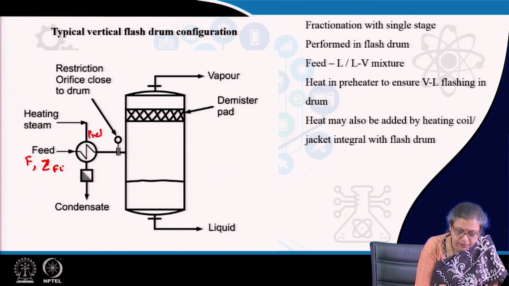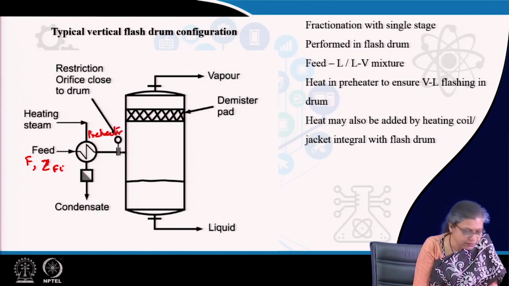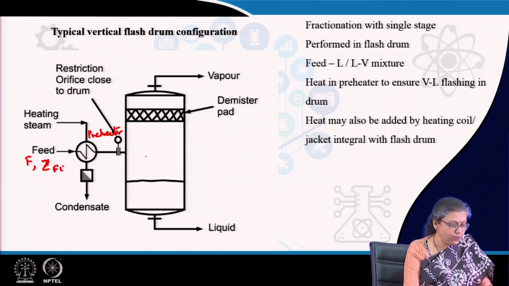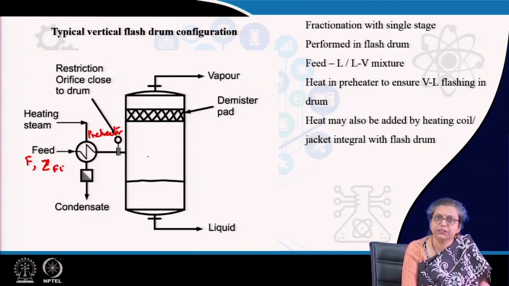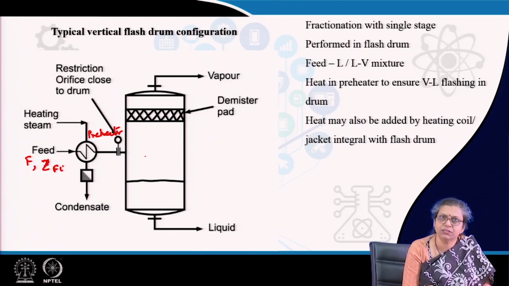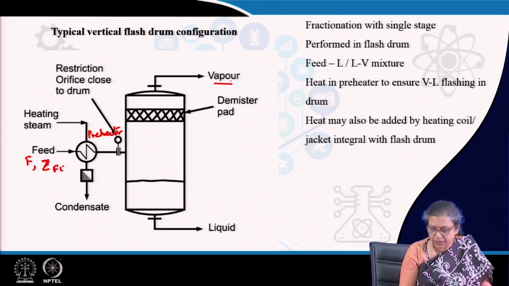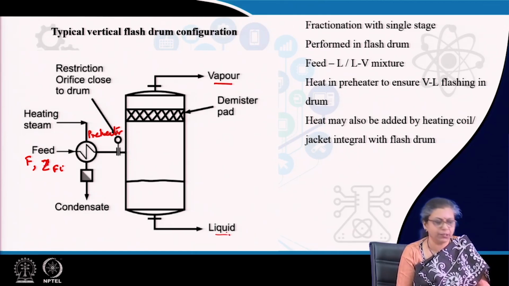This preheater heats the feed such that after it is throttled through the valve, it reaches the condition where it can flash to form the vapor and the liquid streams which meet the composition specifications. The compositions can be specified either with respect to the vapor product or with respect to the liquid product.